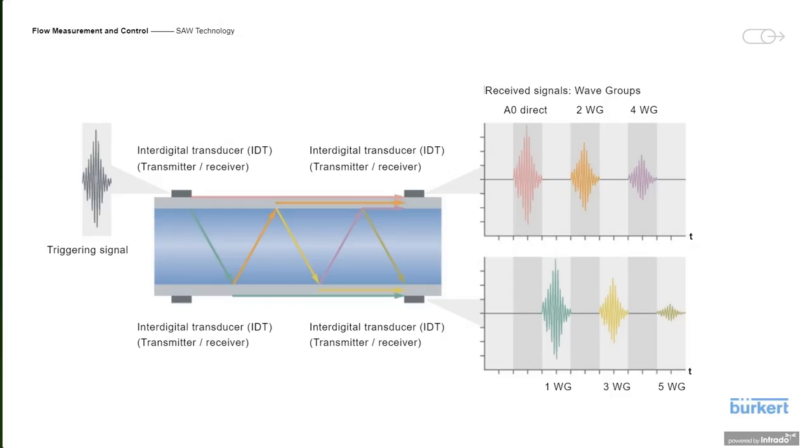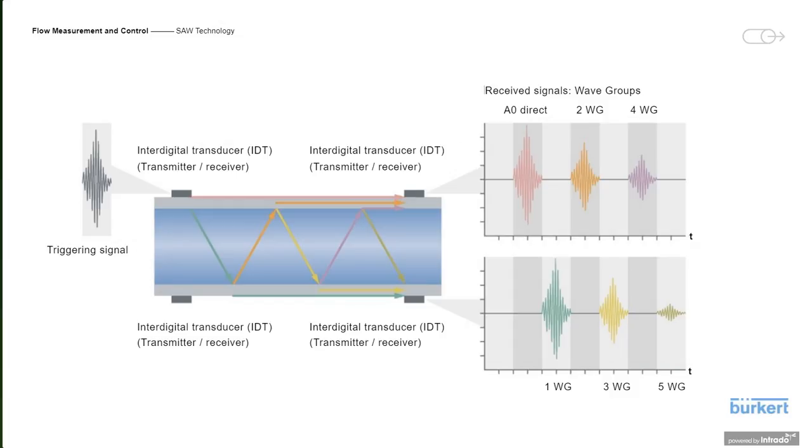And basically, the surface acoustic wave is traveling along the pipe wall to get received on the top right transducer with the first wave group. We call that A0 direct. So this is the wave group that is only traveling along the pipe wall.